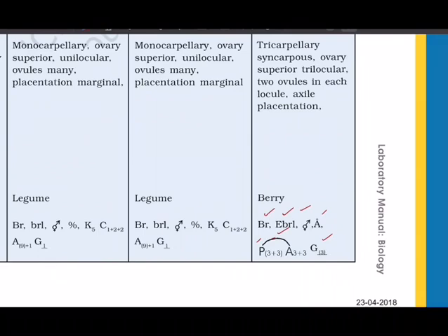Hence, keep on practicing floral diagrams and floral formula for 2 families. One family is removed, Fabaceae is removed for your batch. So 2 families, Solanaceae and Liliaceae. And since lots of things are available in our campus related to Solanaceae, please focus on Solanaceae members. So keep practicing, draw floral diagrams and write floral formulas.